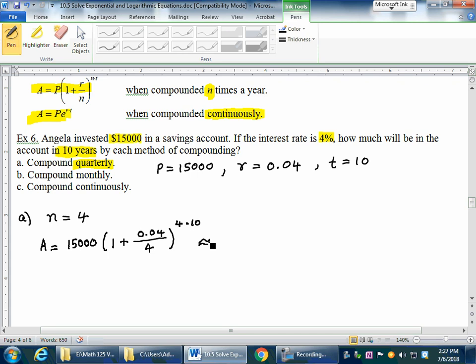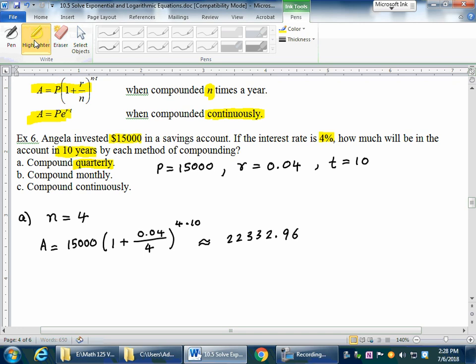So make sure you type it into your calculator very carefully using appropriate parentheses and everything. So 1 plus 0.04 divided by 4, and then to the power of 40. So this gives me the amount of 22,332.96 after we round it. So try to use your calculator and see if you got the same answer or not.